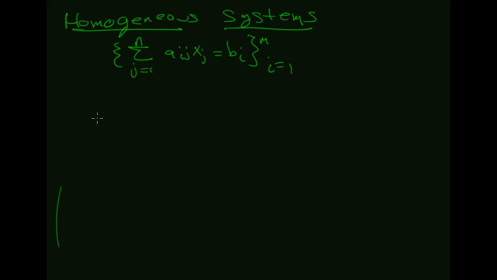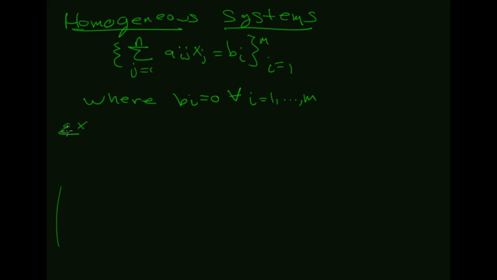Okay, so we have that where b_i is equal to 0 for all i in this 1 to m. Okay, so this means that you have a system where everything is equal to 0. If this is the case, then you have a homogeneous system.